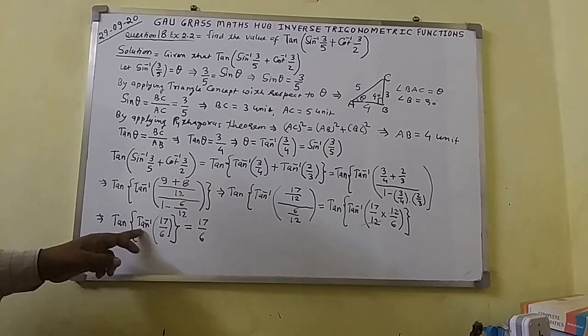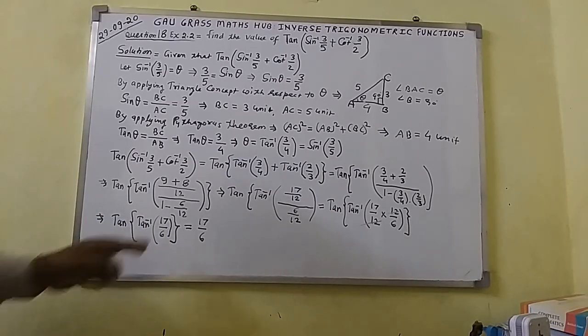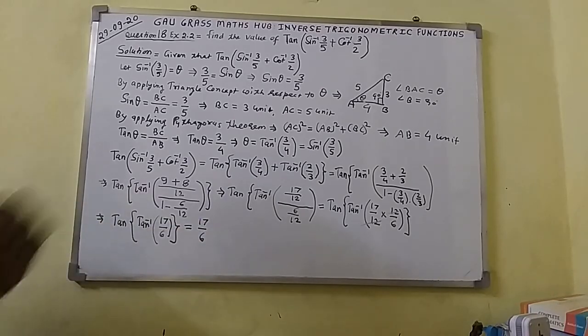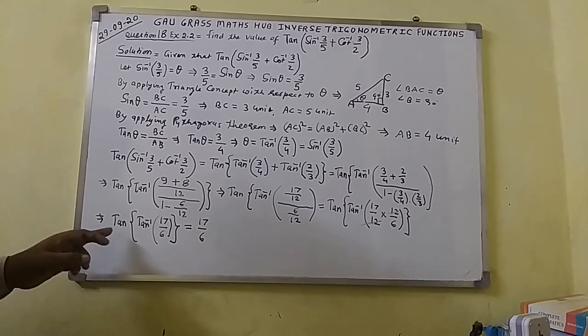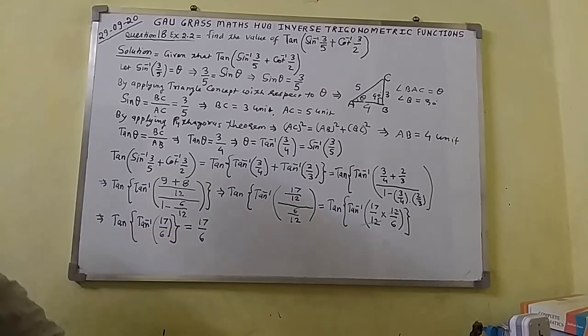In place of tan inverse, you can write 1 over tan. Here in the main function, tan is there. Tan will be cancelled out. You will get simply 17 over 6. You don't need to refer to the principal value branch because in the main function tan is there. So 17 over 6 will be the correct answer.